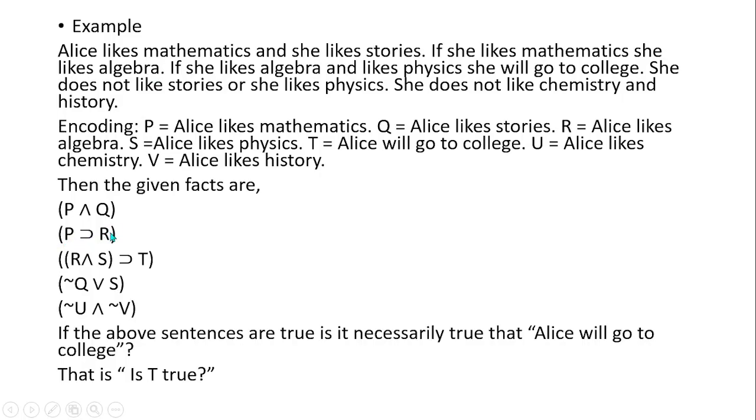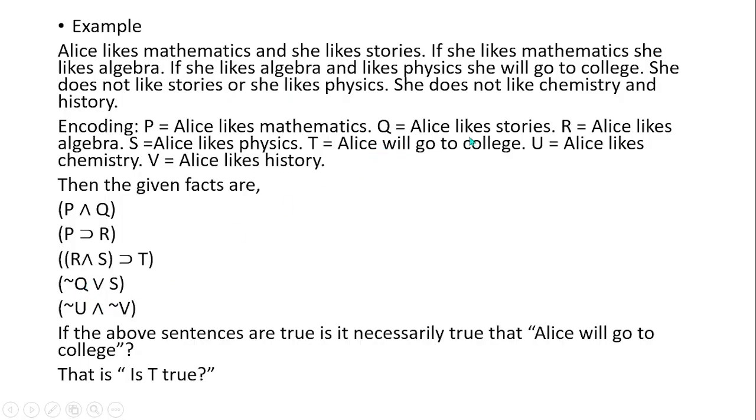P implies Q. Sorry, P implies R. When she likes mathematics, she likes algebra. Third sentence, if she likes algebra and physics. Algebra is R, physics is S. She likes algebra and physics, she will go to college, T. So R and S implies T. Next, she doesn't like stories or she likes physics.